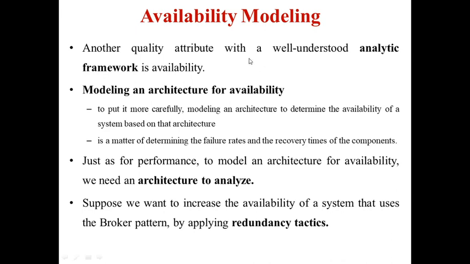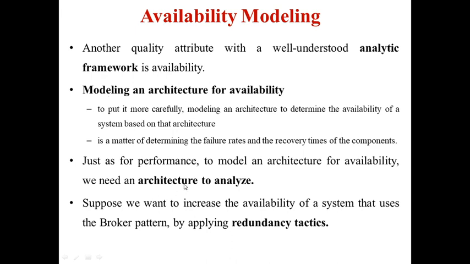So this is another quality attribute which is telling about analytic framework. Modeling architecture for availability. That means it is going to determine the system based on that architecture, and it is going to determine the failure rates. So this is only modeling architecture for availability.